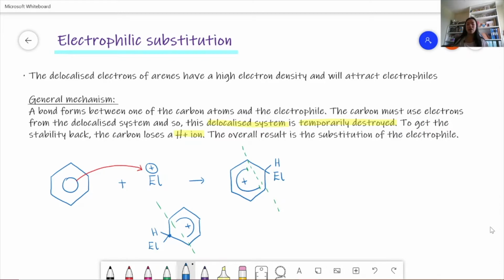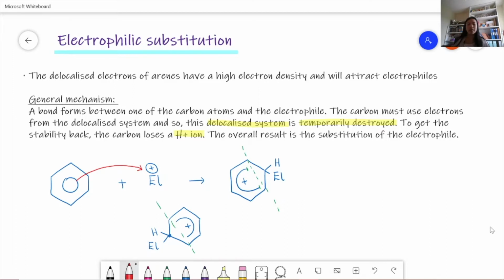So looking back at our original equation, what happens next is that in order for us to get the stability of the delocalized system back, so to fix the delocalized system, this carbon, which has now attached itself to an electrophile, needs to lose a H+, so it needs to lose the hydrogen that it's attached to.